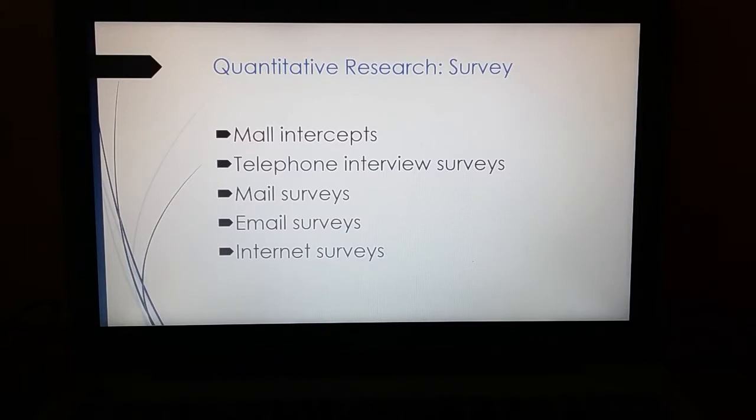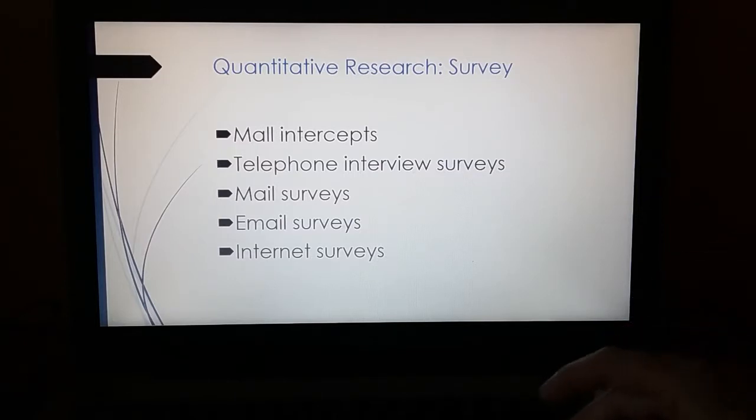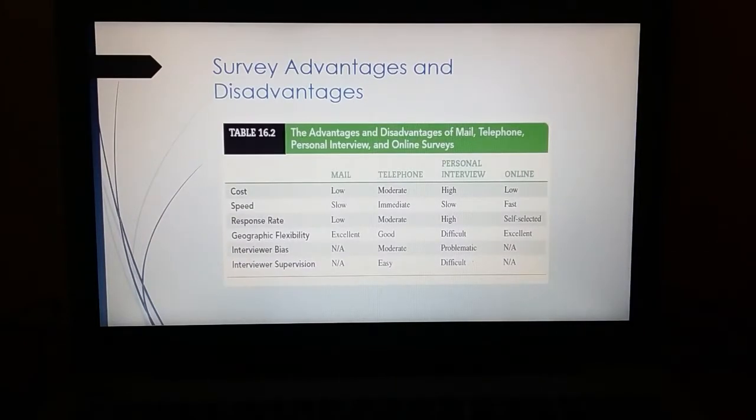All right, and then quantitative research also includes surveys. They can be done in a variety of different ways. Talking to people in malls or in shopping areas, calling people on the phone, mail surveys, email surveys, internet surveys, all that kind of thing. Okay, so there are advantages and disadvantages to each of these different types.